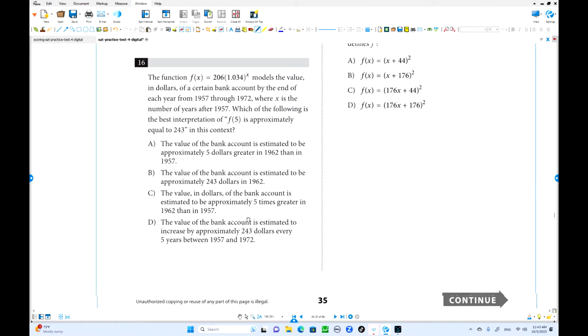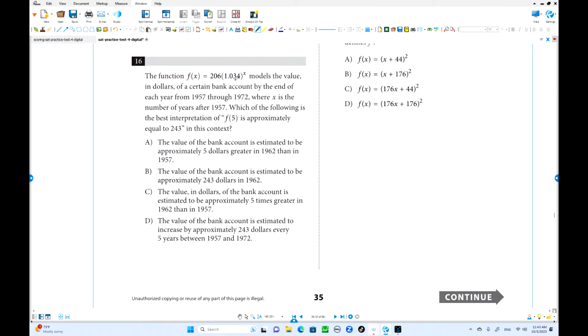Right, number 16, we have 206, 1 point over here. That is an exponential function. So f of 5 equals 243. What does that mean?